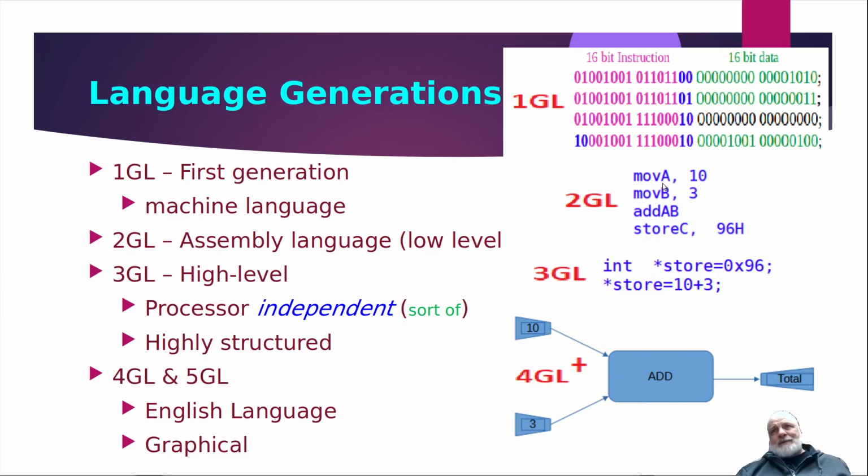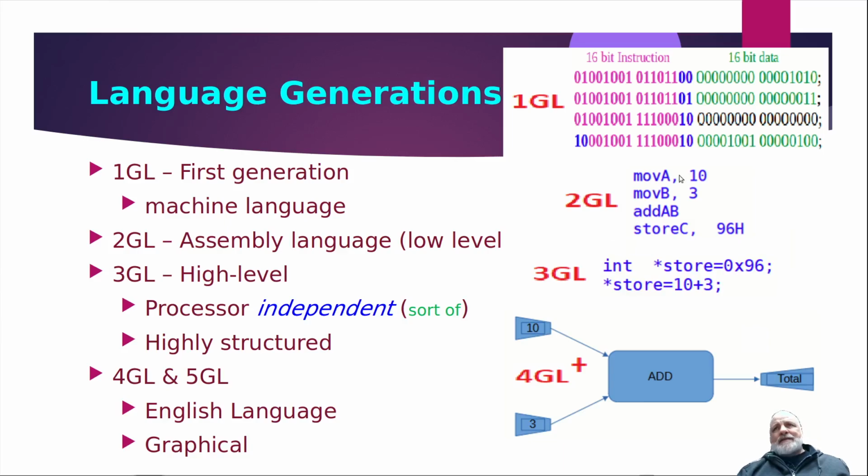So in assembly language, it would look like this: move A, and so you're moving the value 10 into A. Then you're moving the value 3 into B. Then you're adding A and B, which again automatically puts it in C. And then you're saying take this result and store it in some physical memory location out in the general RAM.